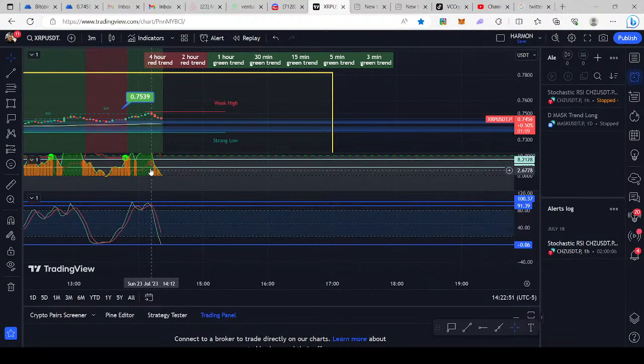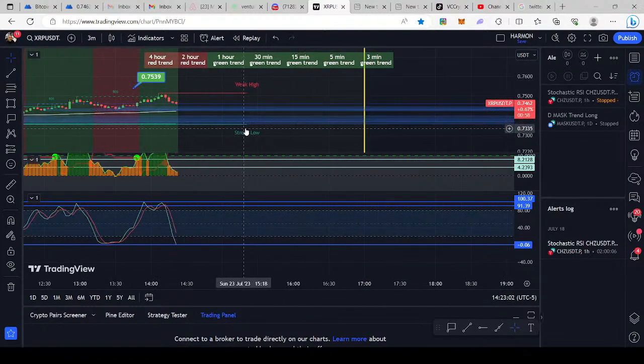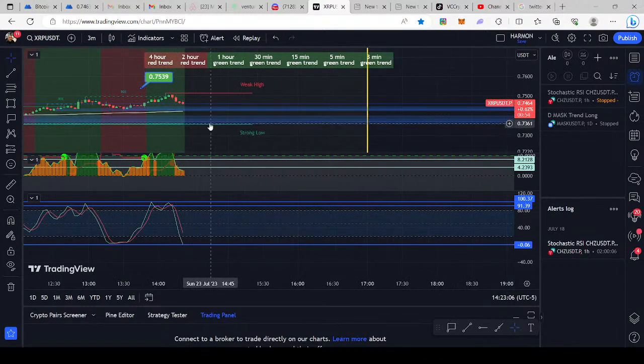But since the red moon came, but there's no trend, I'm not going to sell because the 3-minute RSI is at the bottom and it's going to push back up. So I'm going to ride this push. Right now it's just consolidating, so we're going to re-ride this push here. But we can't get out of this trade until we have red moons, red trends. So right now I'm still in this long here.